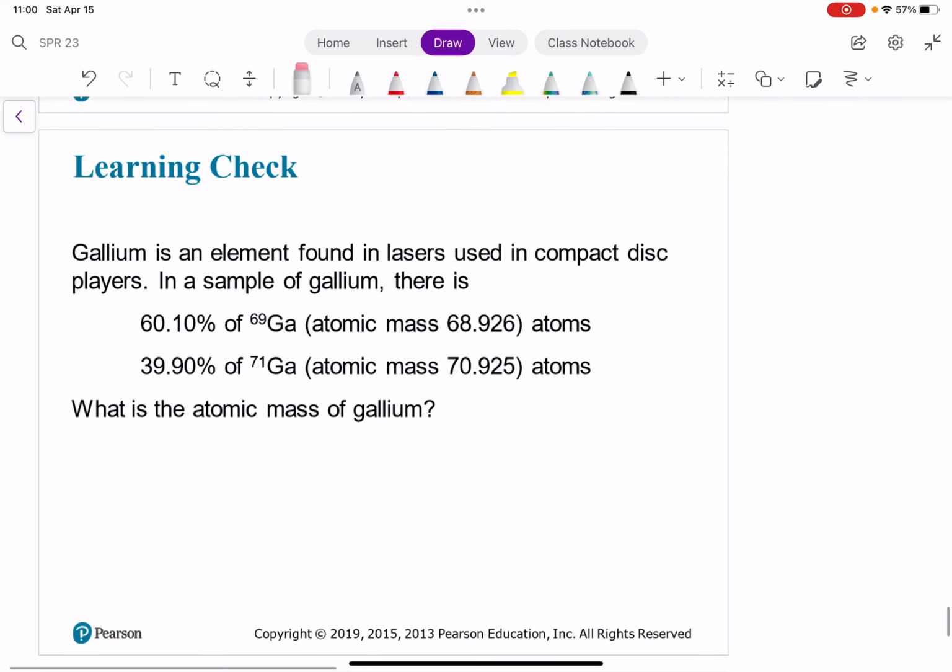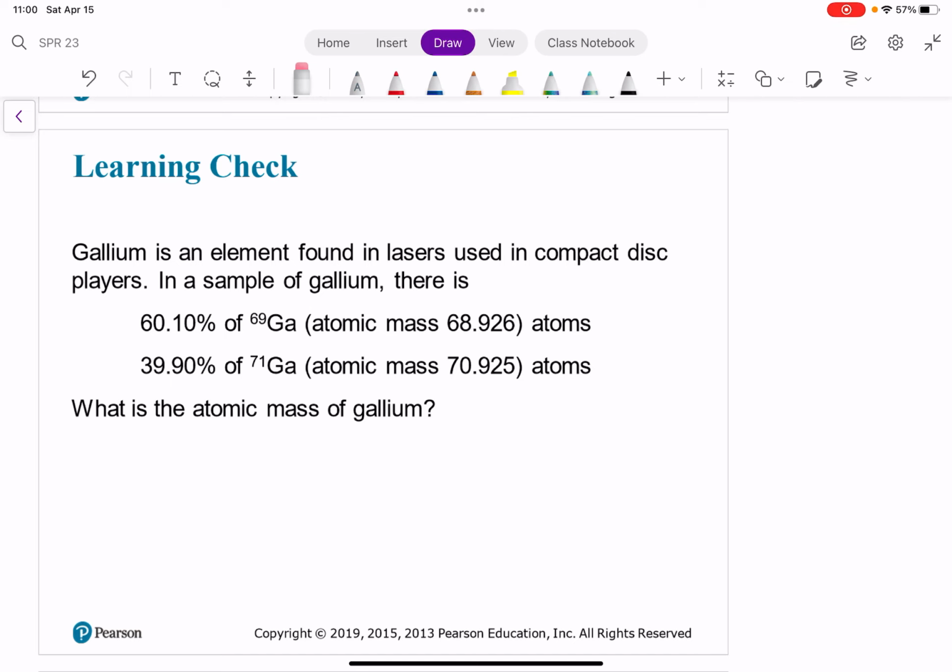All right, so let's do a quick learning check. Gallium is an element found in lasers used in compact disc players, CD players. In a sample of gallium, there's 60.10% of gallium-69, which has an atomic mass that they're giving you.